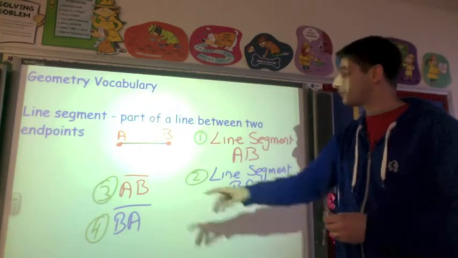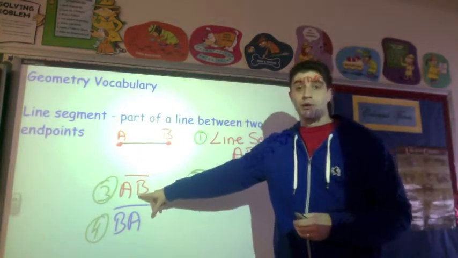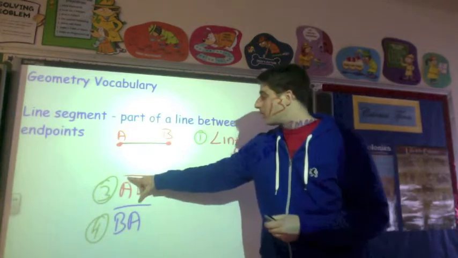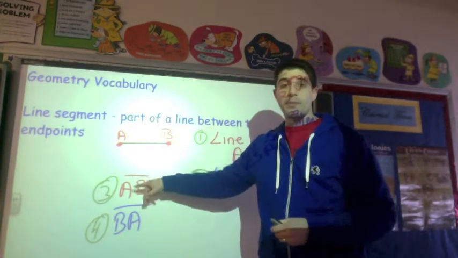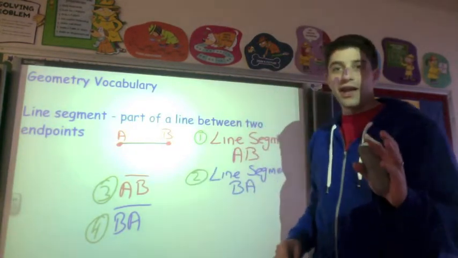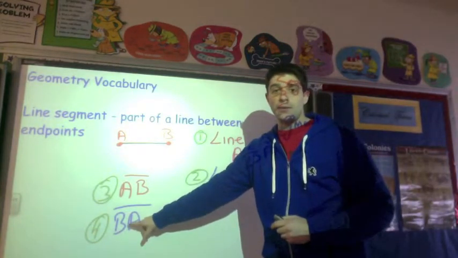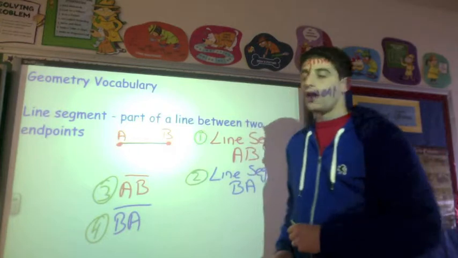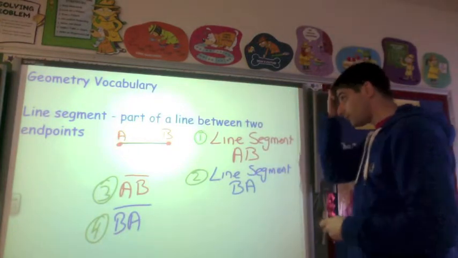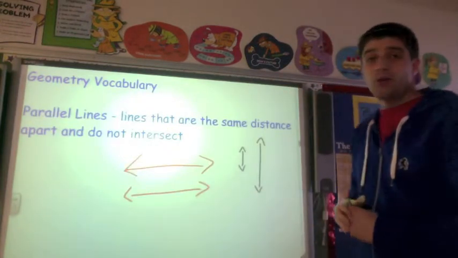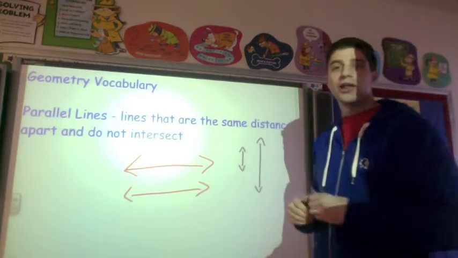Doesn't matter. Way number three, we could write AB with a line segment on top. It reminds me of a fraction bar. Or we can write BA with the line segment on top.